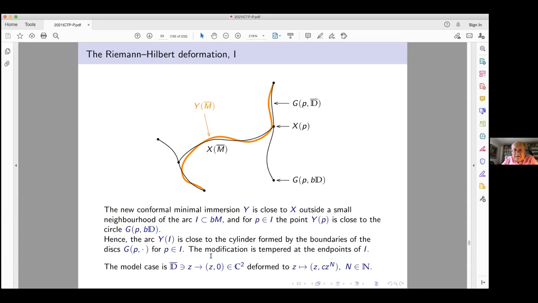And then what do I do next? There is a modification called Y. So it's again a minimal surface, which does the following. It approximates X very closely until you come to these boundary points, P. So you see this red line follows the black line until you come to here. When you come to here, you abruptly switch direction and you follow these attached disks.